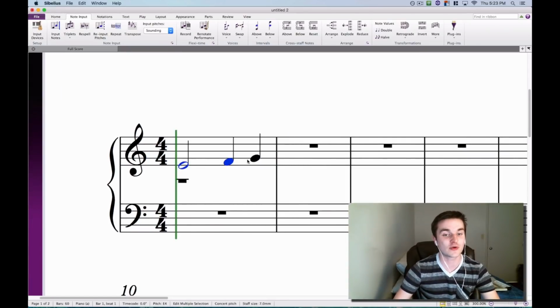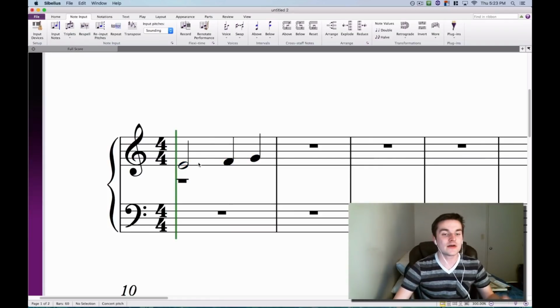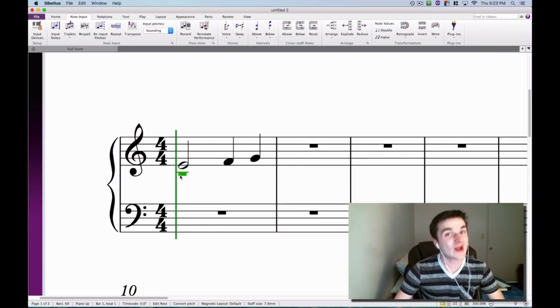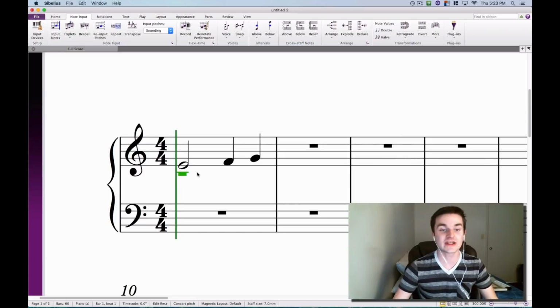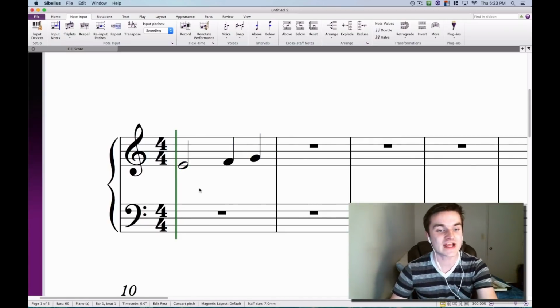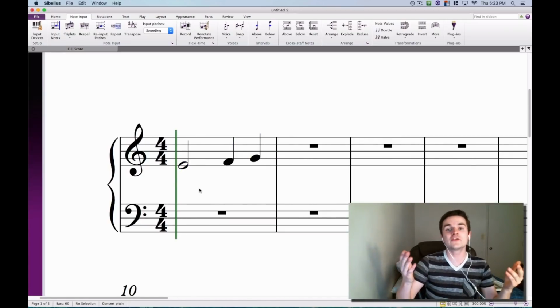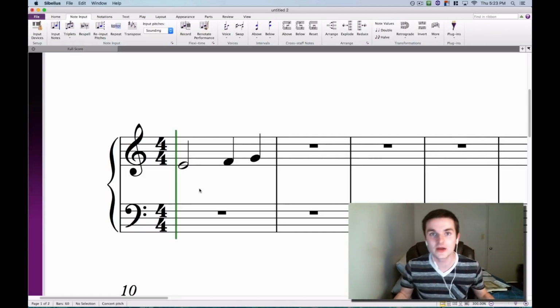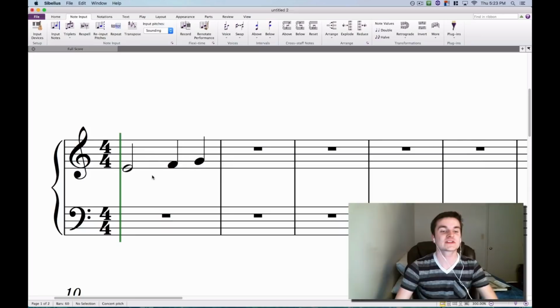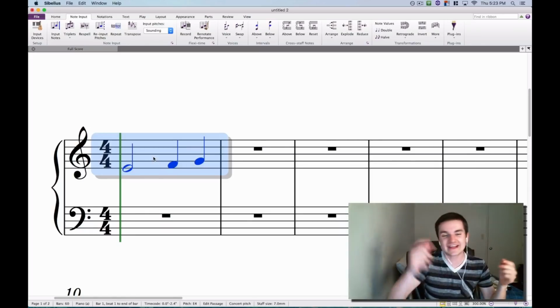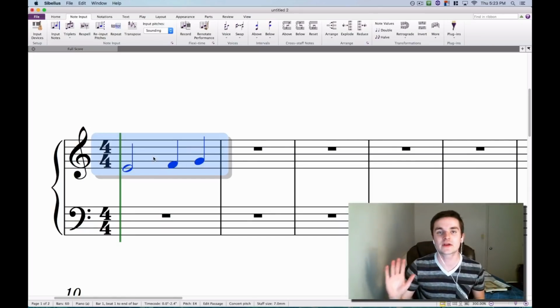So if this is the soprano, then we want to make sure that we have a rest in the alto voice when you're notating it, so we know that it's the soprano. If we just had this by itself, you would have no way of knowing until the second or third entry came in whether or not this was the soprano or the alto, right? And some modern editions start off like this, where it's a bit ambiguous. It doesn't tell you whether it's the soprano or the alto.